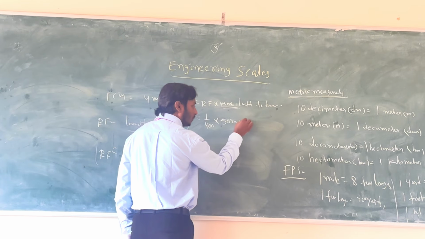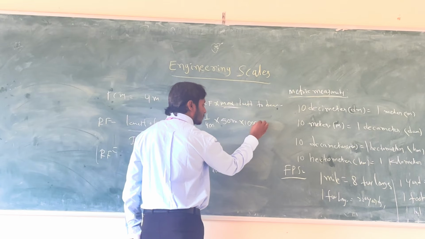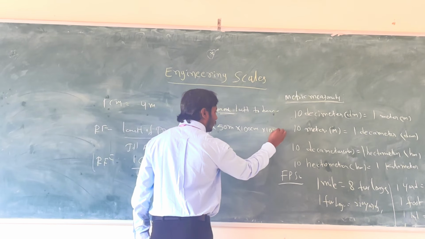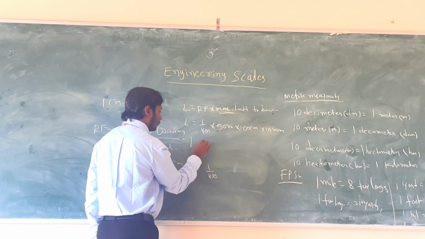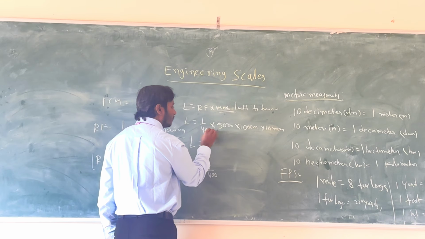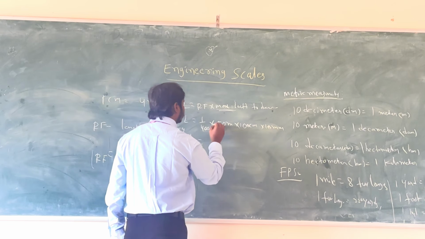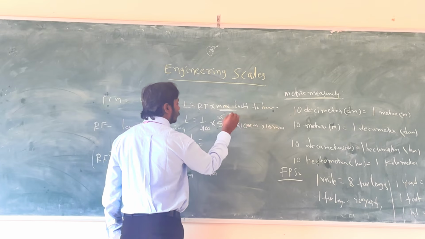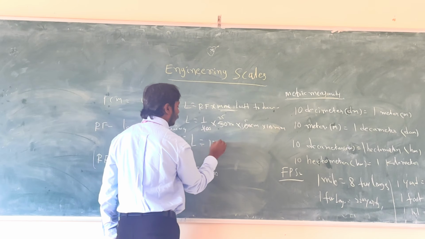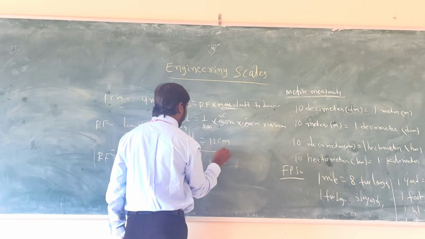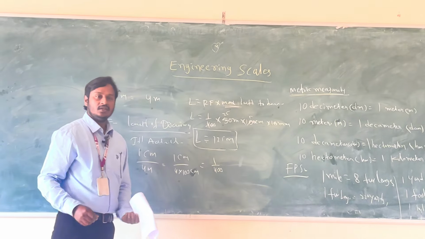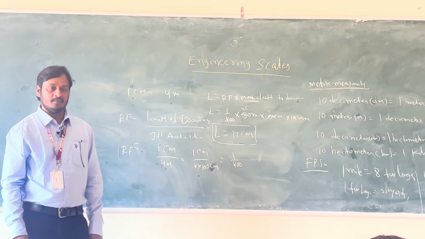Then convert meters into centimeters, centimeters into millimeters. Finally, the length of the scale is 125 mm.